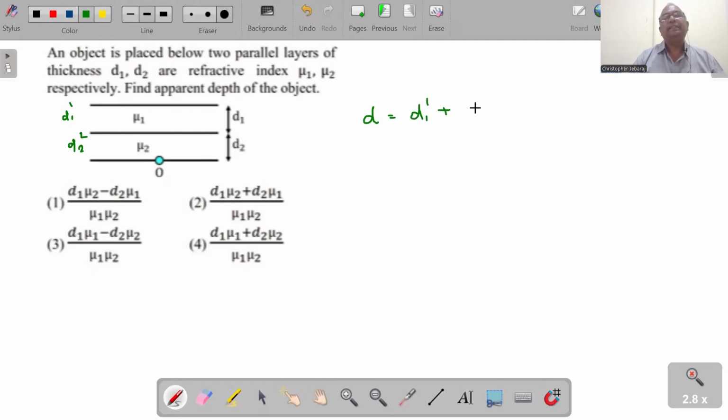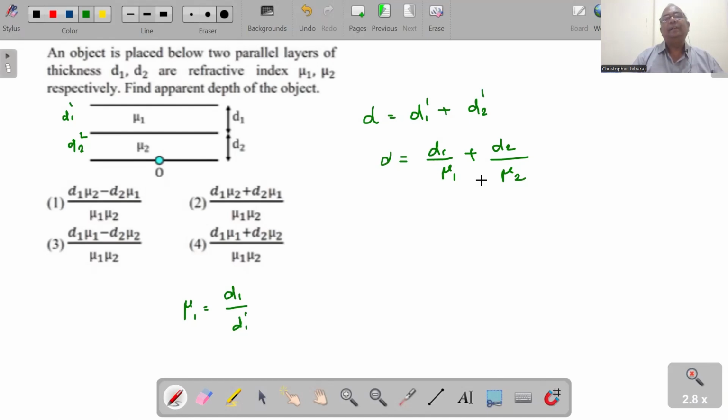dash plus D2 dash. We know the formula. The refractive index of a medium is actual depth by apparent depth. So the apparent depth is actual depth by mu1 plus actual depth by mu2.